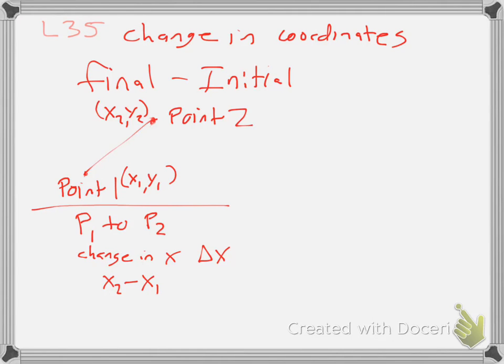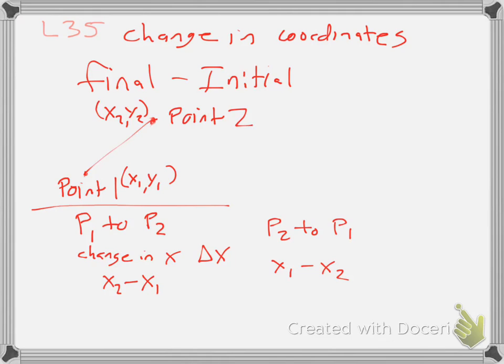How would that be different if I went from point 2 to point 1? There's a difference in the fact that your final is now point 1, so it would be x1 minus x2. And according to whatever those x values are, one of these will be positive, one of them will be negative because of a direction.